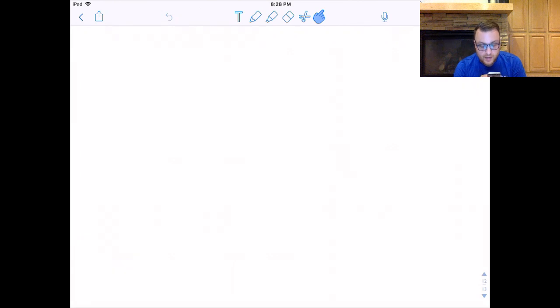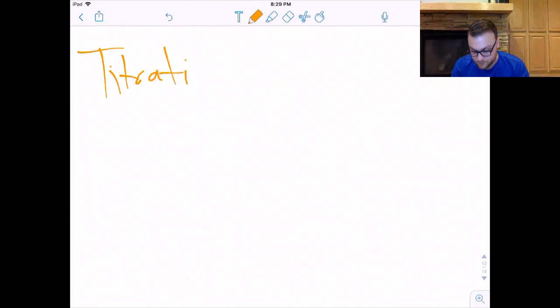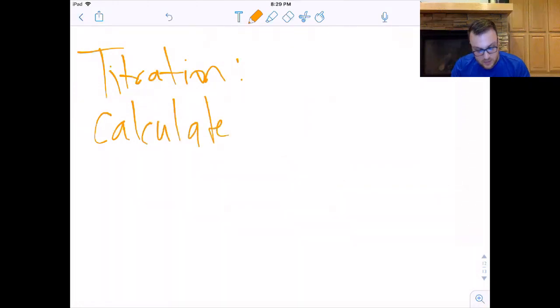Titration. Last topic, last thing we're going to talk about. You use titration to calculate an unknown concentration, aka an unknown molarity, from a known molarity.